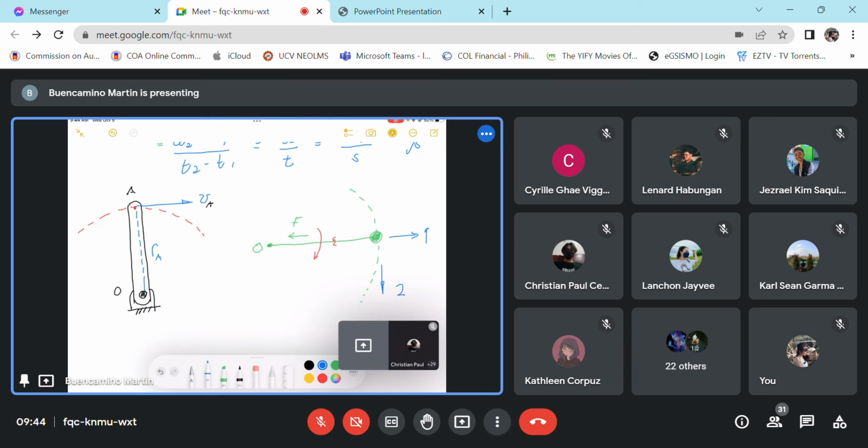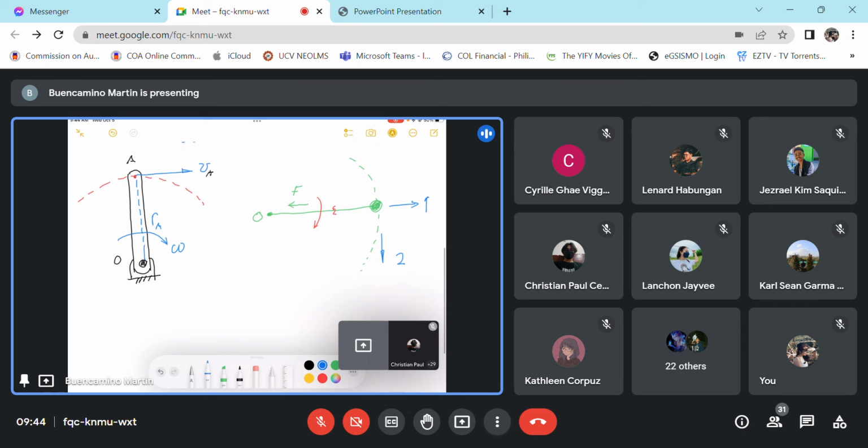What did we say omega is? Angular speed or angular acceleration. They are related by this formula: nu sub A is equal to omega times R sub A.